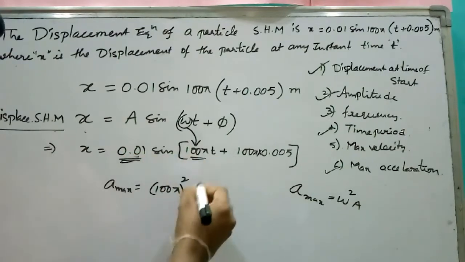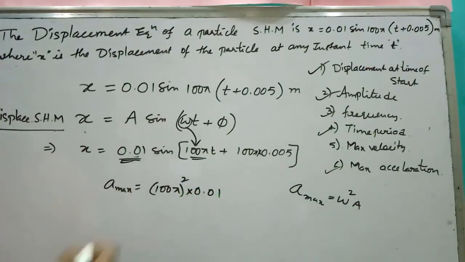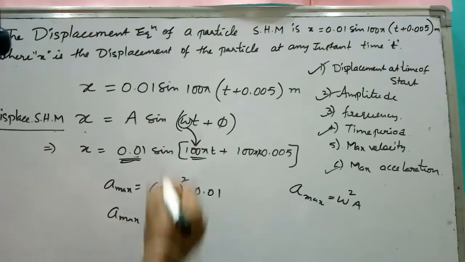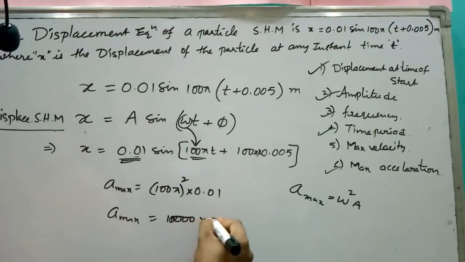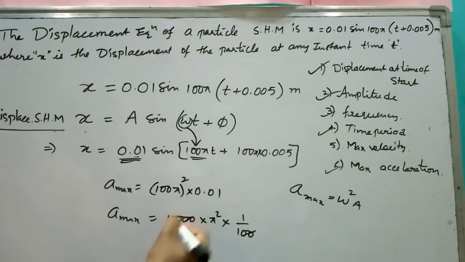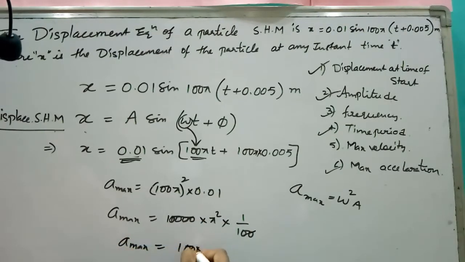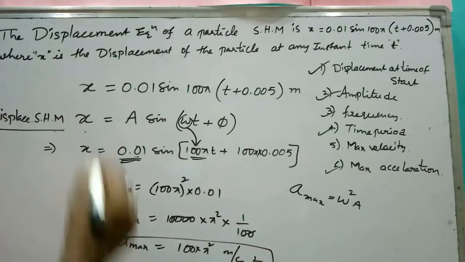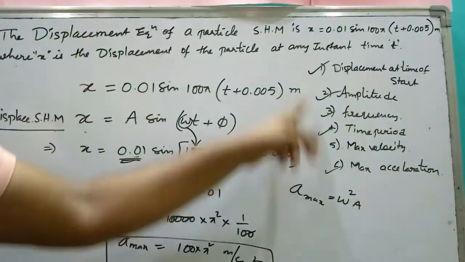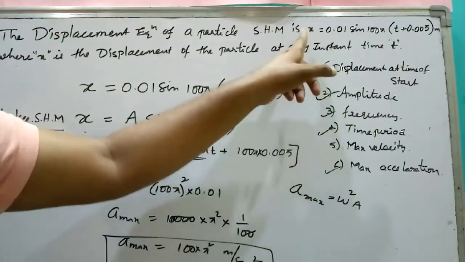The amplitude of the oscillator is 0.01. So A maximum equal to 100 square into pi square into 1 by 100. Two zeros get cancelled. The acceleration answer is 100 pi square meter per second square. Now we have to find these factors based on the same question.